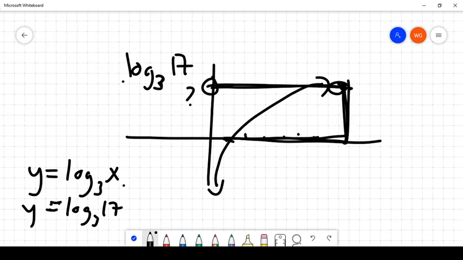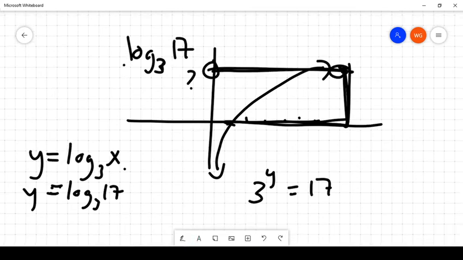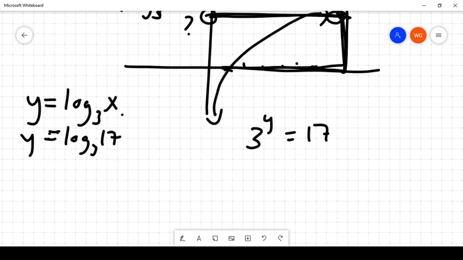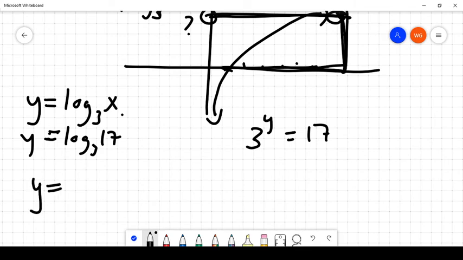But of course, I could also just interpret the question as 3 raised to some power y equals 17. What is that power y that I'm raising it to? Well, to figure that out, without even using any algebra at all, I'll just use the change of base formula and say y equals the log base 10 of 17 over the log base 10 of 3.